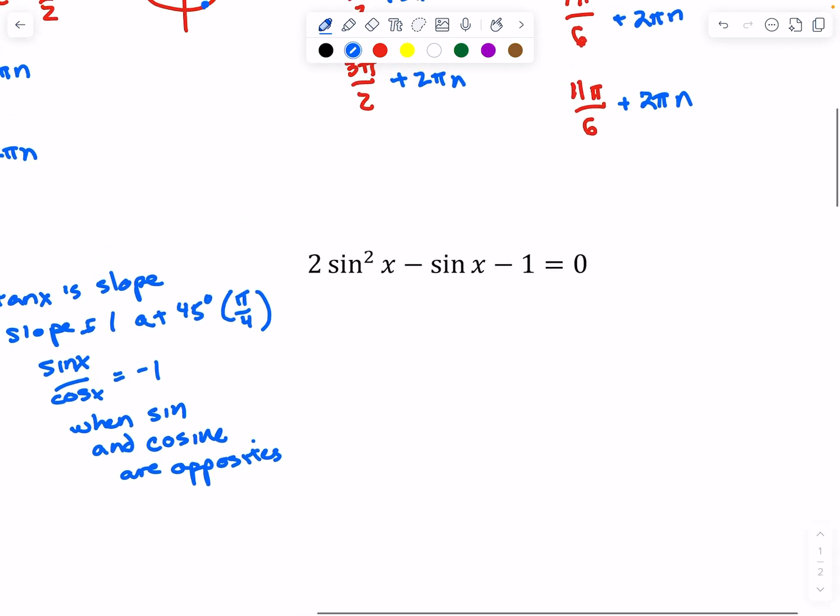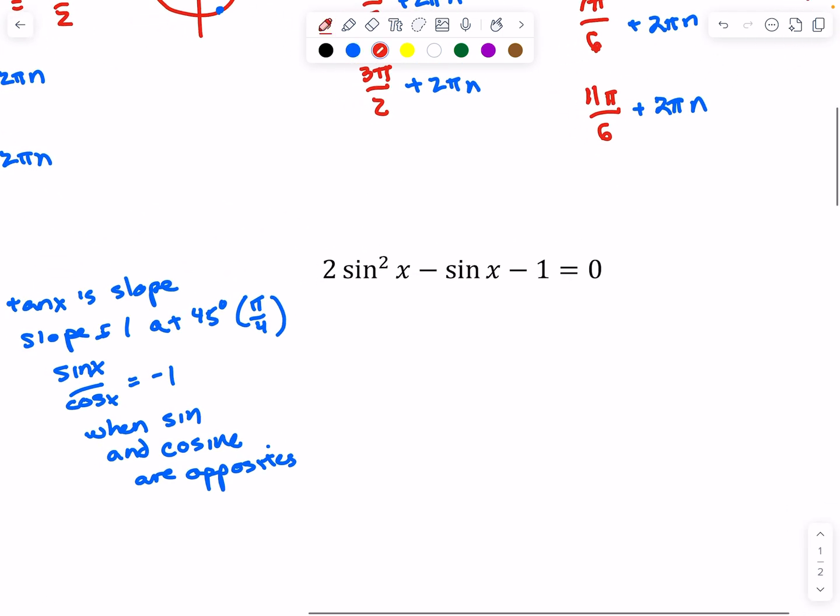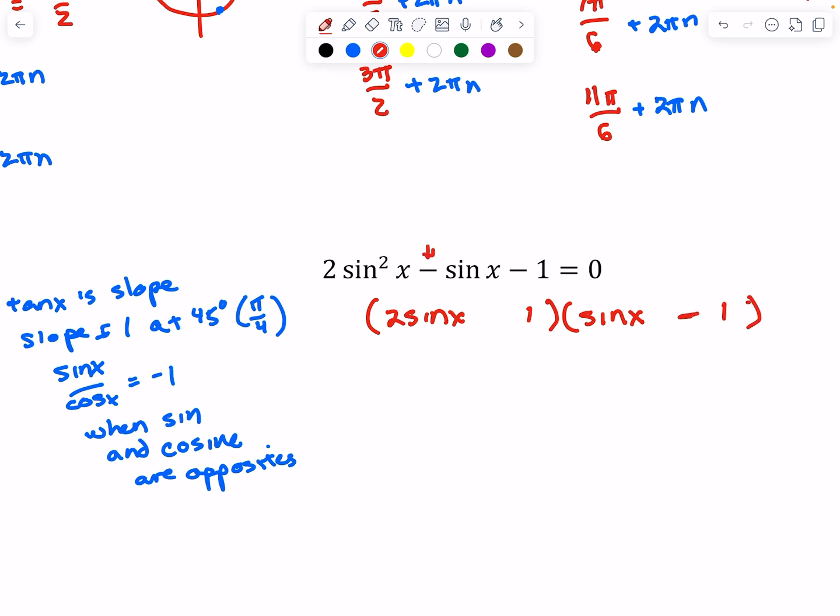Okay, next. This one you have to actually factor. We've done one of these. The ones, let's see, we need to have a negative with the 2. So negative over here so that you get negative 2.